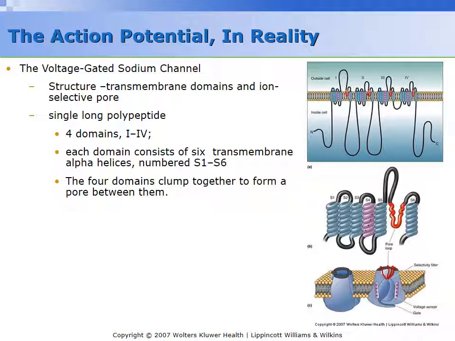And now we know that these are transmembrane proteins, and they have basically a pore. They form a pore that is selective to a particular ion. But the protein itself is a single long polypeptide with 4 domains, and each domain consists of 6 transmembrane helices.